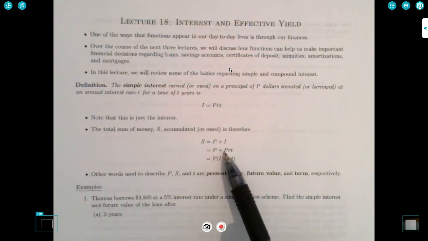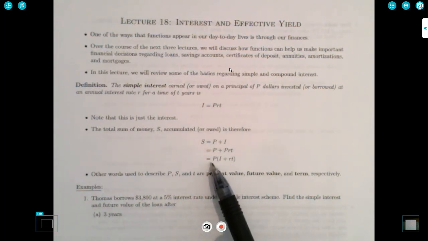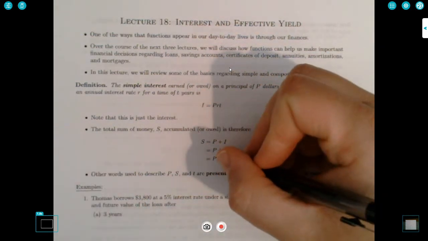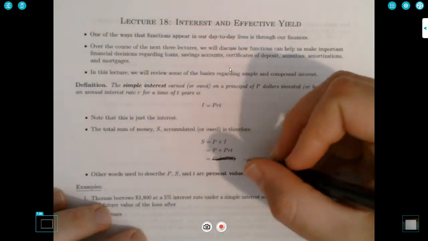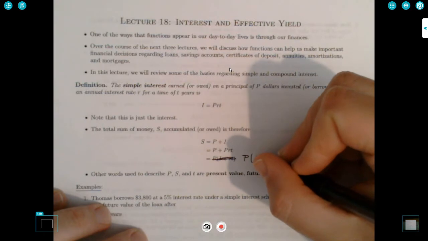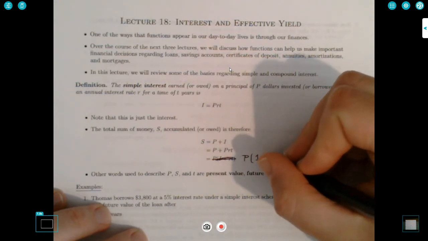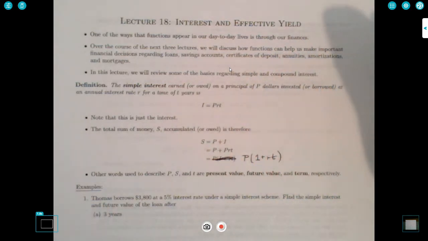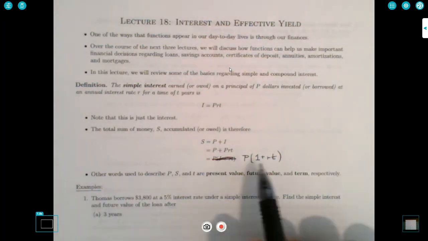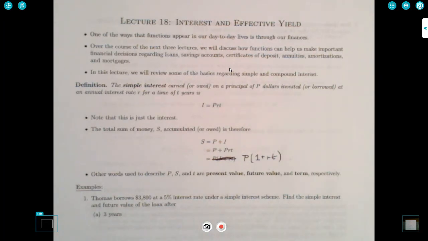And then you can factor out the P, and you get P times, that should be a 1, not an I, so it's going to be P times (1 plus RT), okay?